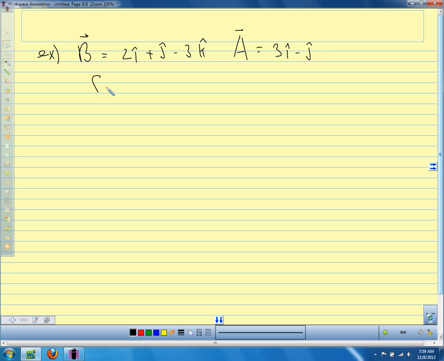So in this particular example, we want to find the projection onto A of B. And we want to find the vector component of B orthogonal to A.